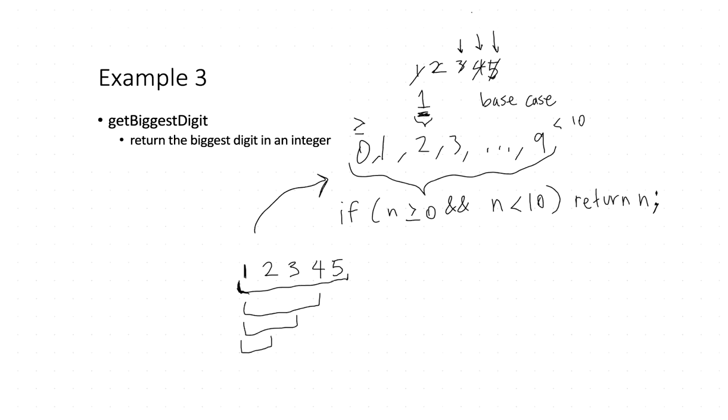So with digits, typically, a smaller version of the problem, what's the biggest digit in this number, is what's the biggest digit in this portion of that number, and compare it to this number and see which one is larger. I don't know if that made sense, but I'll rephrase it.